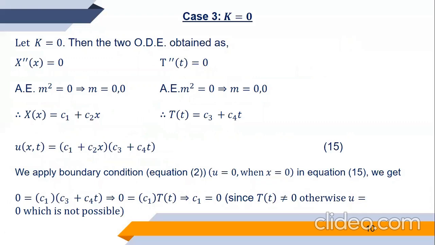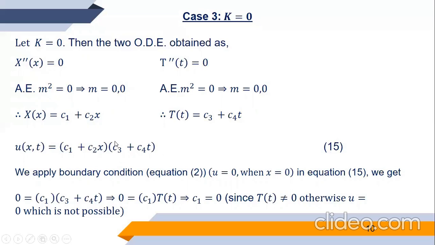Now we consider case 3, k equal to 0. So k equal to 0, then we get two ODEs, X'' = 0 and T'' = 0. So the general solution for the case k equal to 0, we write u(x,t) = (c1 + c2x)(c3 + c4t), which we discussed in the previous lecture.